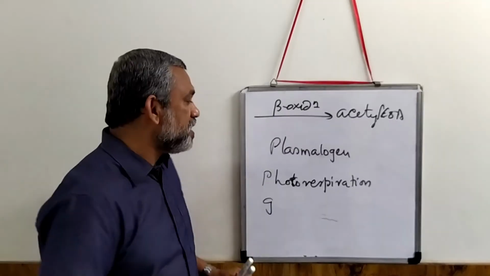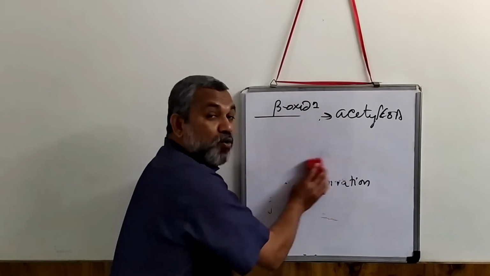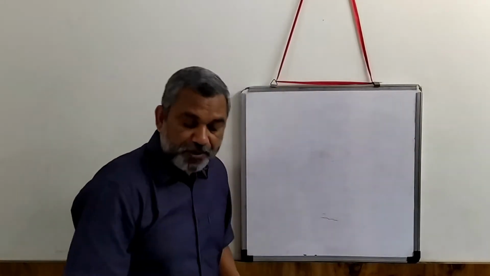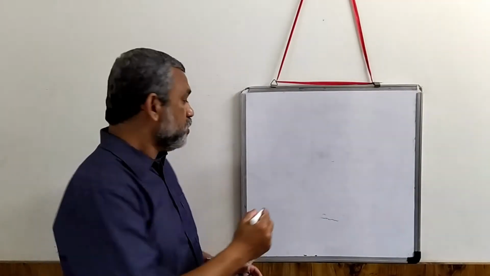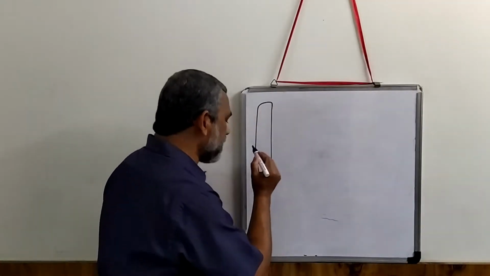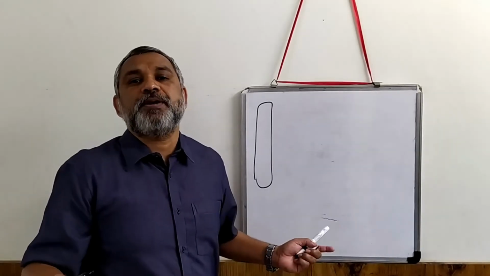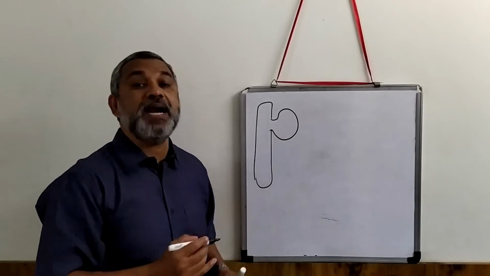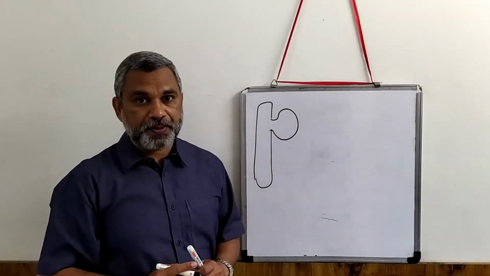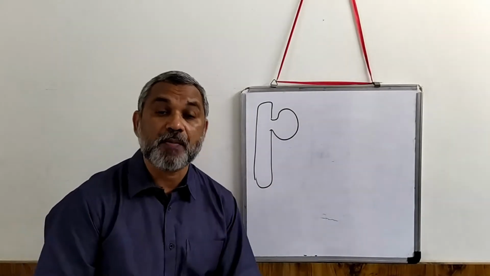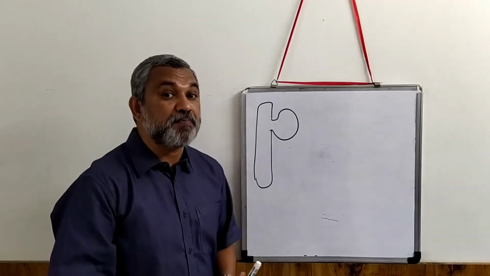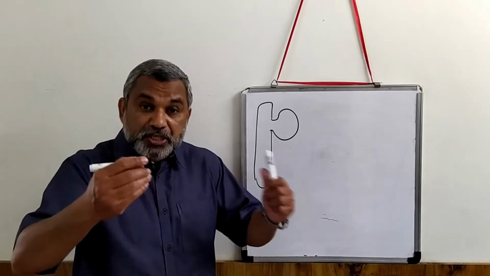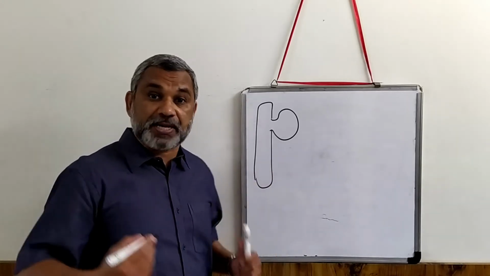Let us also look at how exactly these peroxisomes are formed. As you know, they are formed from the endoplasmic reticulum. If you consider this an endoplasmic reticulum, they are formed by budding. A small bud is formed, and this bud is going to be the peroxisome. Remember, as it is budding, it must have the required proteins, especially the translocating proteins, present on it.